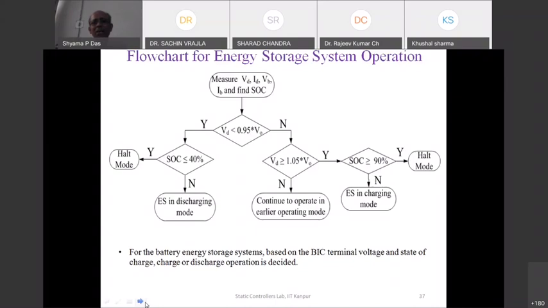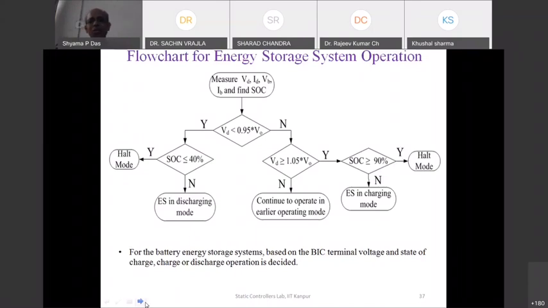And if it is more than 105% of the voltage, and if the battery has a lot of charge available, meaning the state of charge is more than 90, it means we have a surplus of power available. Suppose we have very little load.